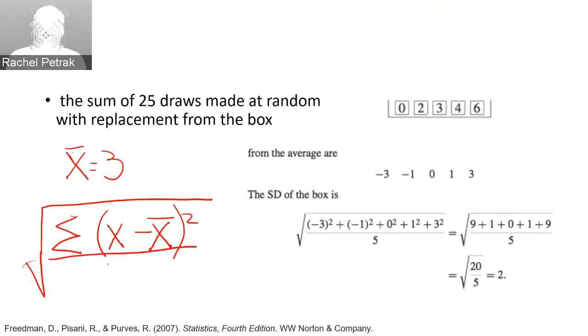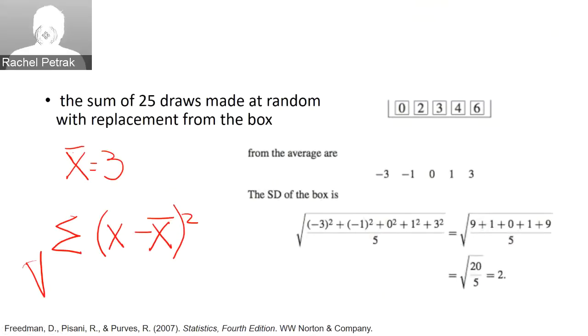So you can see that the formula here worked out over here. Each deviation is squared and then they're summed. And I'm sorry, I don't know what the problem is on the writing today. But you can see we end up with a standard deviation for this box that's equal to 2.